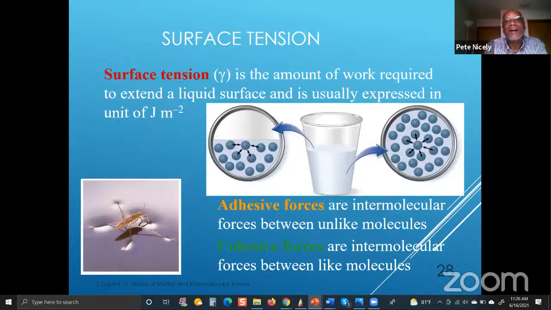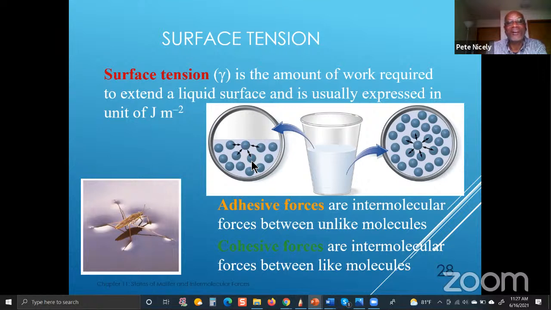Okay, another consequence of hydrogen bonding is what is known as surface tension. And here's a definition of surface tension. It is the amount of work required to extend a liquid surface and is usually expressed in joules per meter squared. So that's the consequence of the fact that the molecules at the surface will have interactions with molecules below the surface.